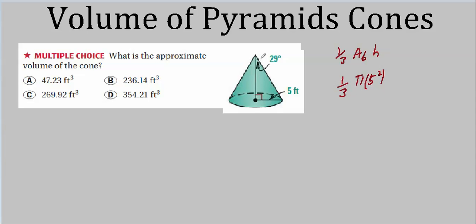And remember that opposite over adjacent is the tangent. So we can write that the tangent of 29 degrees equals opposite, that's 5, over the height, which is the adjacent leg in this case.